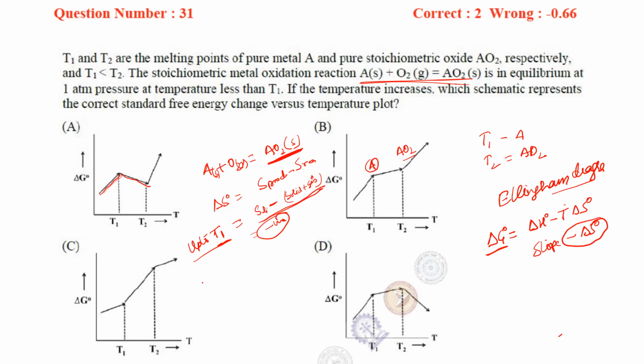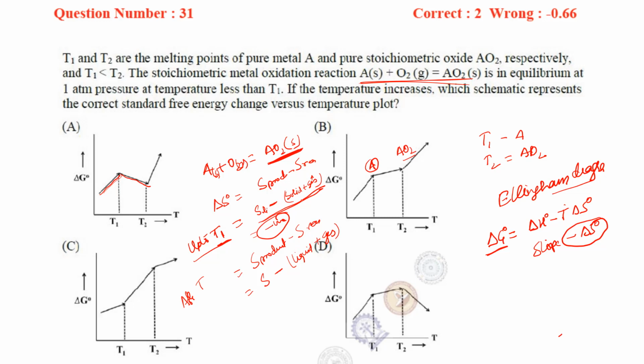Okay, now in between T1 to T2, that means after T1, it is again the entropy of product minus the entropy of reactant. The product is in solid, that is fine, but in the reactant the A is becoming liquid, and oxygen is in gas phase only.